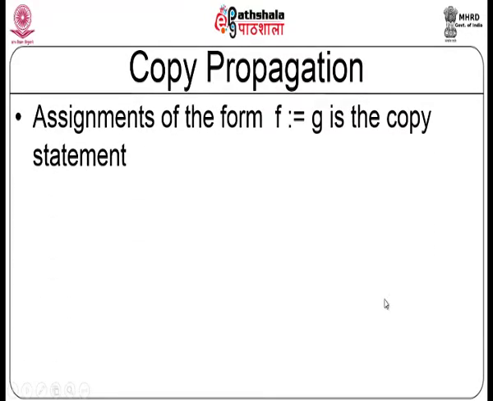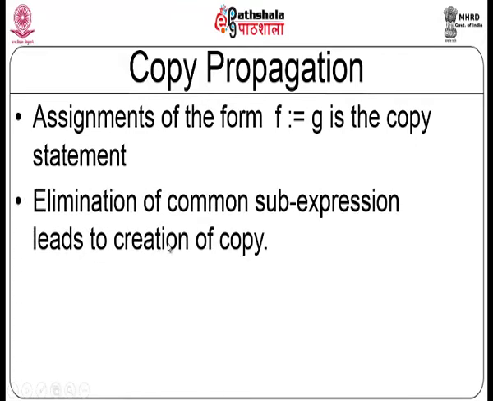Now the next optimization is copy propagation. Assignments of the form f colon equal to g are copy statements, where elimination of common sub-expression leads to creation of a copy.